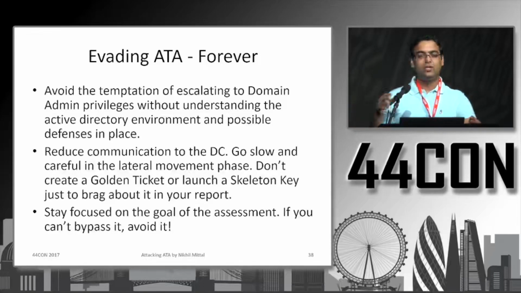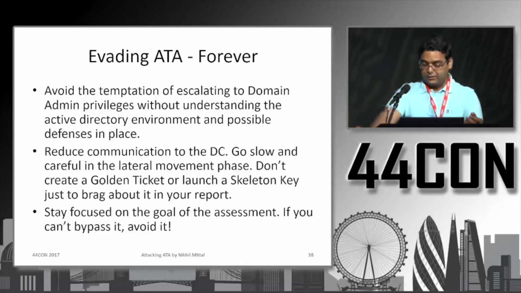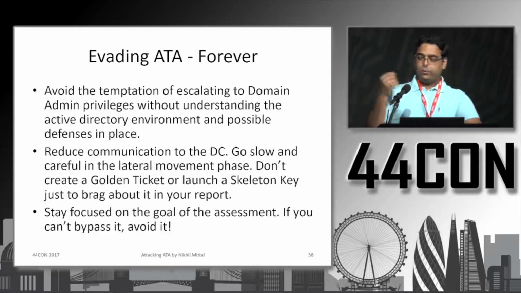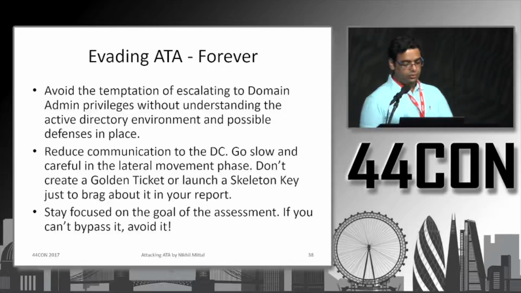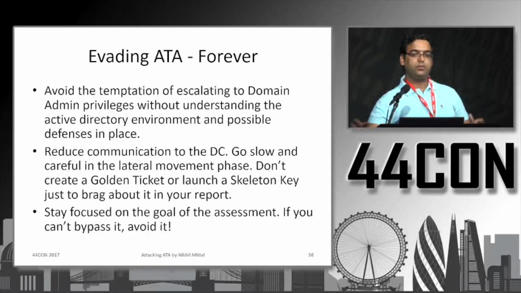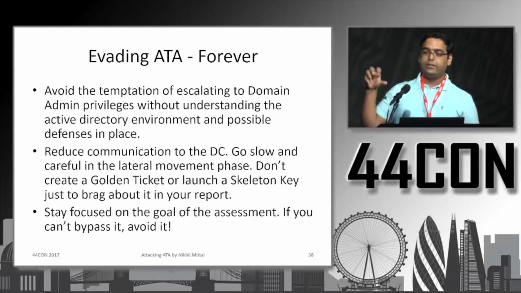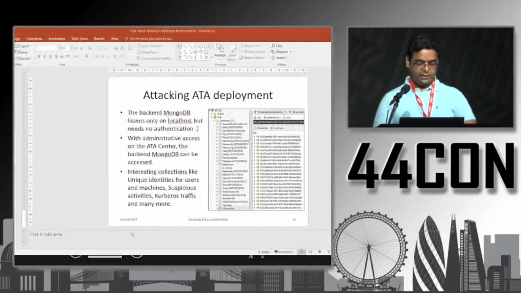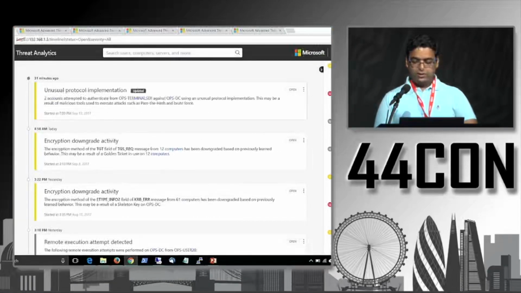If your goal is to go for a specific box or any specific piece of information, which it should actually be, then just do not go after the domain admin as the very first thing. Also, ATA allows you to create honey tokens. That is, you create, let's say, a rogue domain admin and specify that here in the ATA configuration.